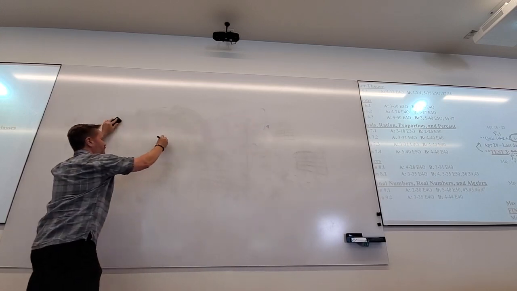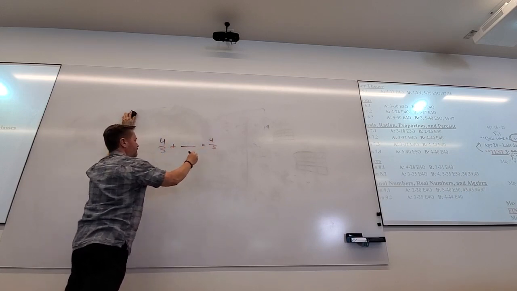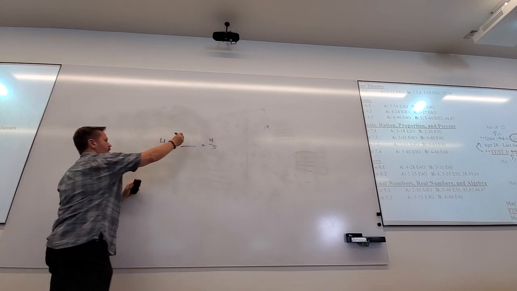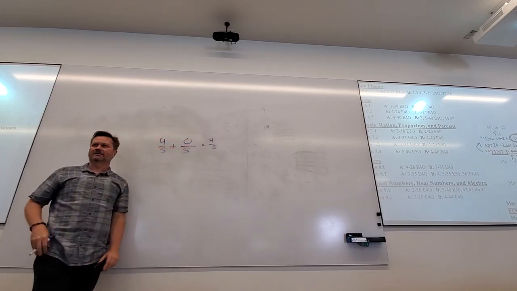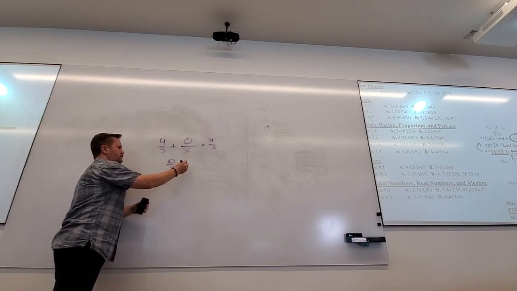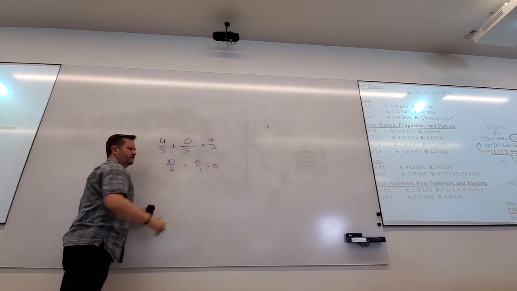So if I add 4/5, what do I add to it to make it stay 4/5? Of course you add 0, but you kind of add that, yes? And of course, what does 0 over 5 reduce to? 0 over 1, 0.